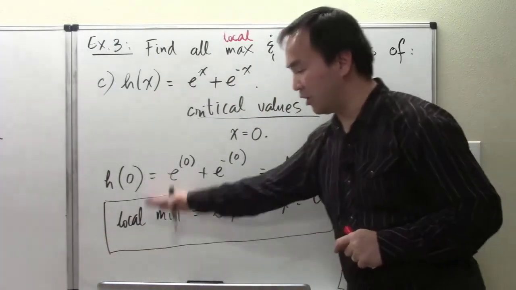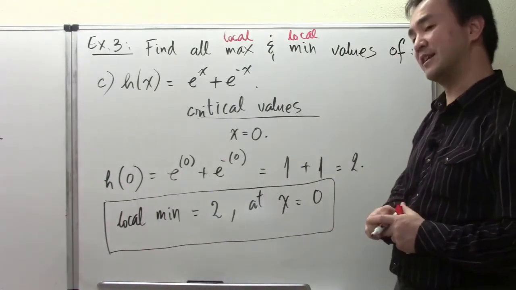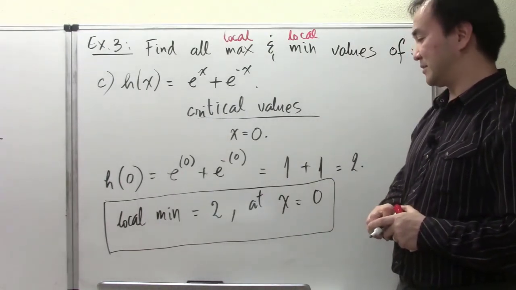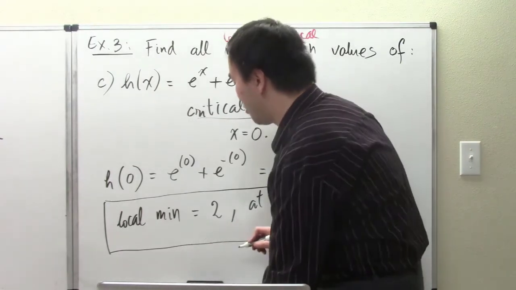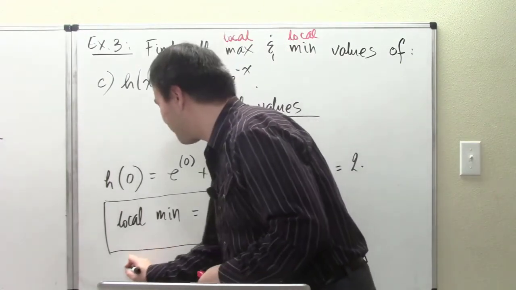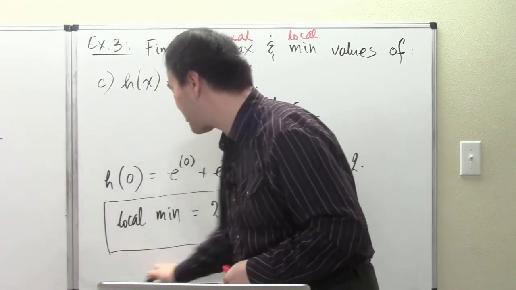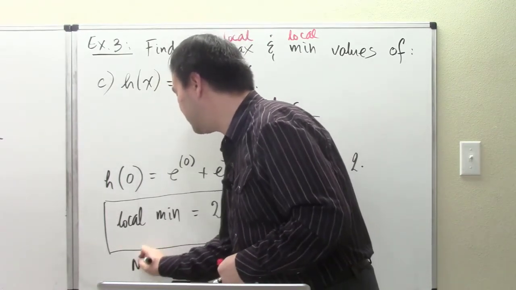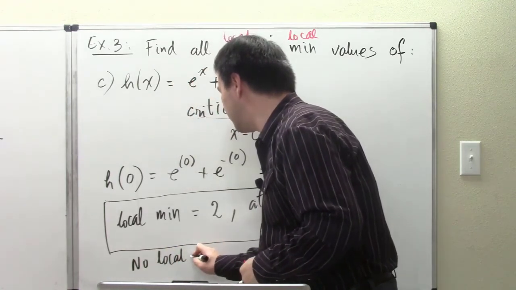It precisely answers how low it hits and where that can be located. But as far as the local maximum, we don't have any. So I'm saying no local maximum.